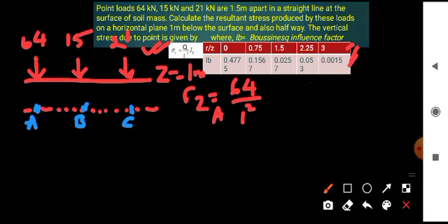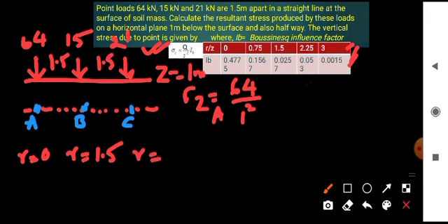As we are talking about A only, for the 64 kilonewton load, r is equal to 0. From the 15 kilonewton load, r will be 1.5 meter, with spacing 1.5, 1.5. And from the 21 kilonewton load, the r value is going to be 3 meter.